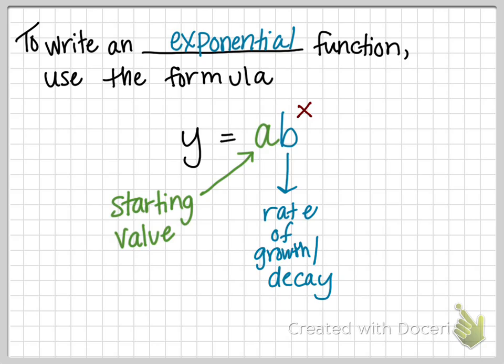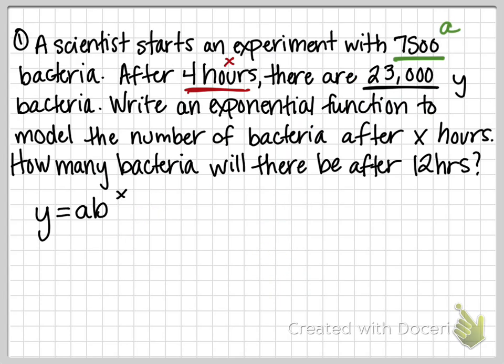Okay, and then x, this exponent in an exponential, represents time. So how much something is growing or decaying over time at an exponential rate. All right, so if we have y, we know that that's how many they end up with after 4 hours. They started with 7,500.